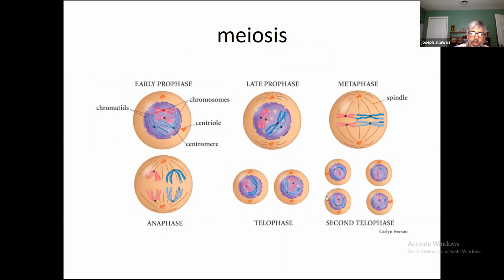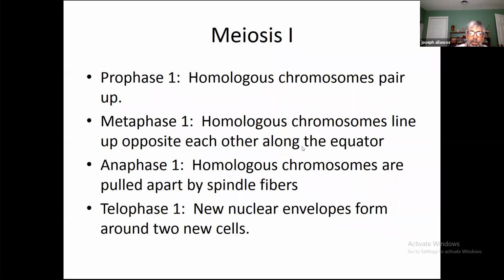And so then there's our two haploid cells. There's P1, M1, A1, and T1. And then look, they don't even draw out meiosis 2. They just go straight to the second telophase where they have now pulled the chromatids apart and made 4 separate cells. Okay. This tells you what's going on in these different phases.